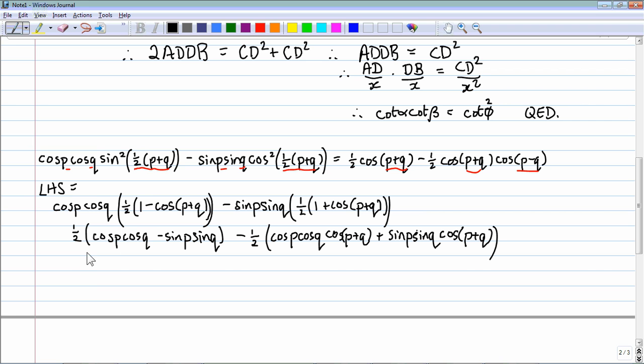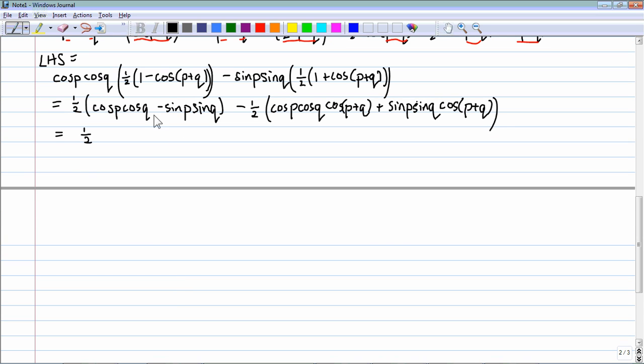And now we see it's all going to come out, because here we've got 1/2. This is cosine A cosine B minus sine A sine B, so this is cos (p plus q). And here we can take out the factor cosine (p plus q), which is common to both terms in this part, and then we've got cos (p plus q) times (cos p cos q plus sine p sine q), which of course is cos A cos B plus sine A sine B, which is cos (A minus B).